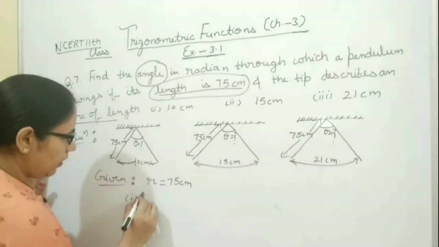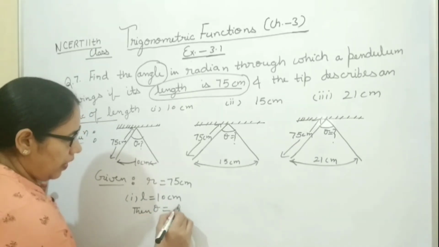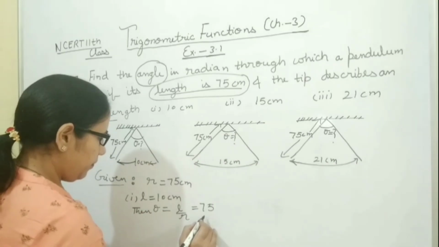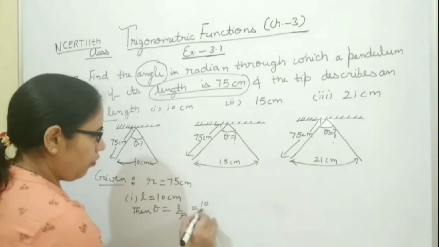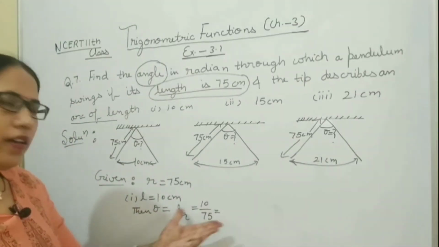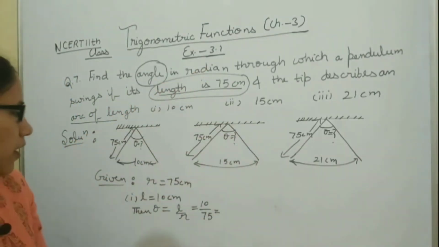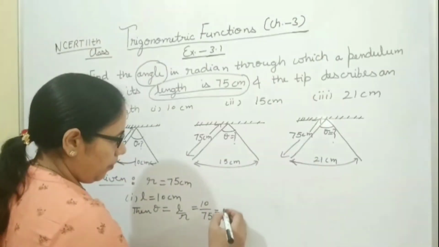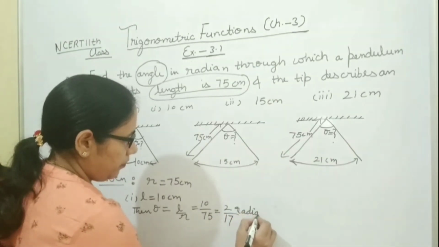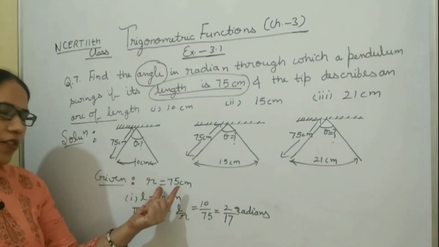So in the first part L is 10 centimeter, then theta will be L over R. L is 10 and R is 75, so the numerator will be 10 over 75. In these questions, by using L by R, in what unit do we calculate theta? In radians. Theta comes out to be in radians. So your answer will come directly by putting 10/75. Simplify it: 5 twos are 10, 5 fifteens are 75, so 2/15 radians.